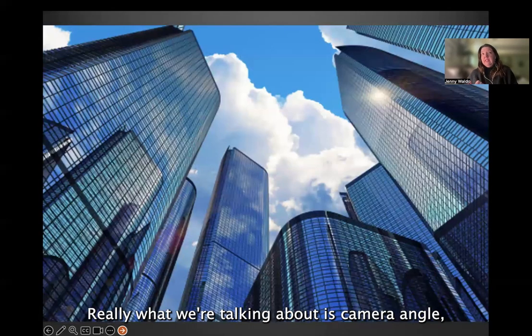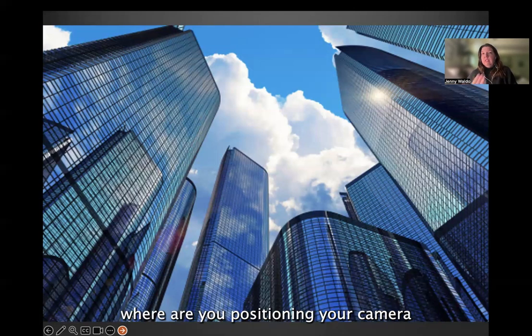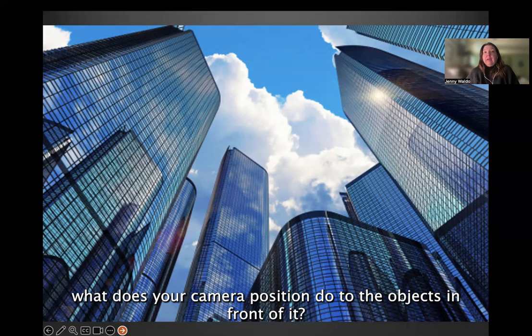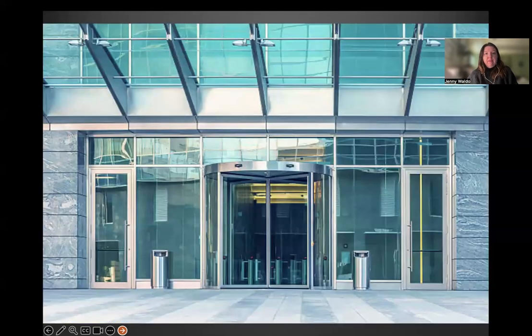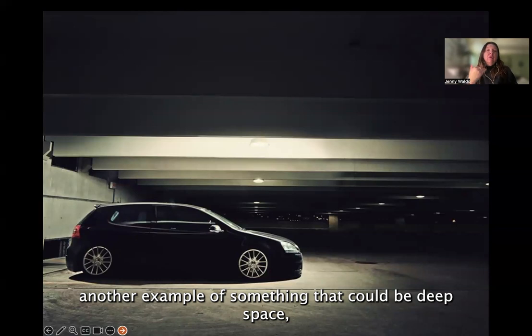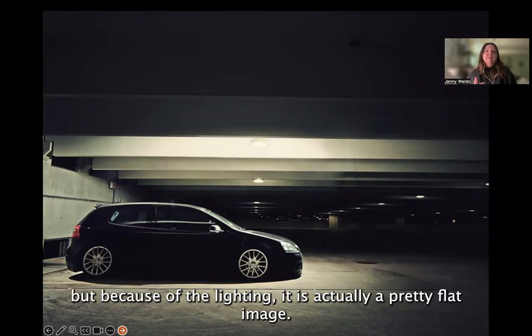Really what we're talking about is camera angle. Where are you positioning your camera in order to tell your story? And what does your camera position do to the objects in front of it? Here's another example of something that could be deep space, but because of the lighting, it is actually a pretty flat image.